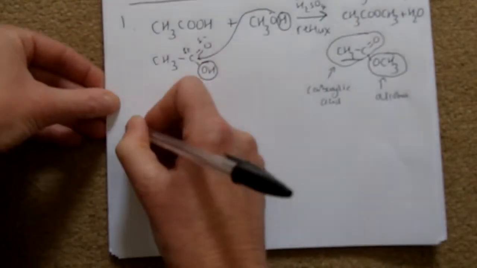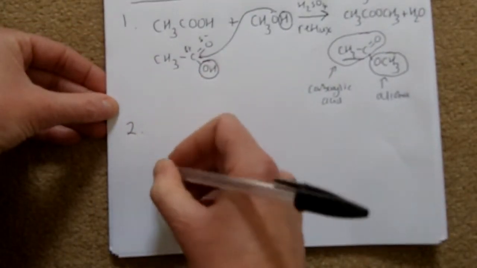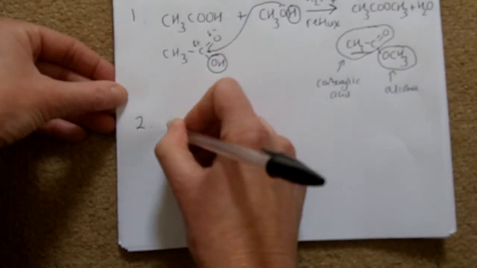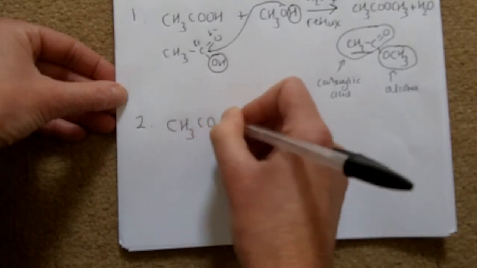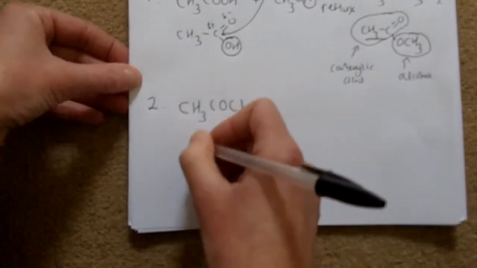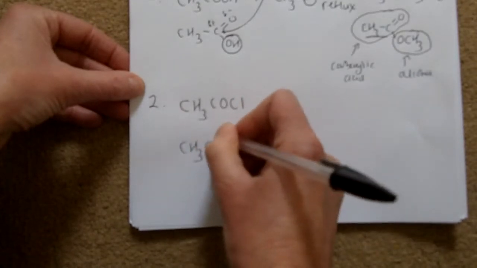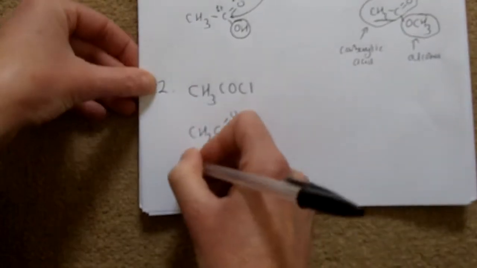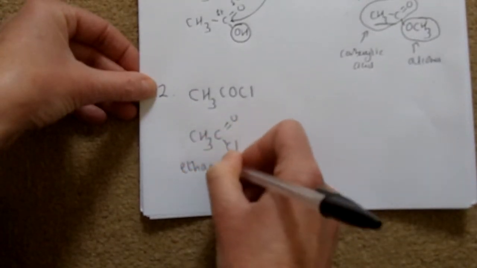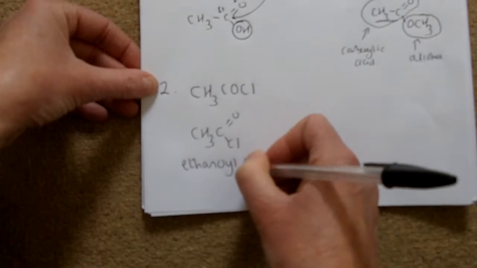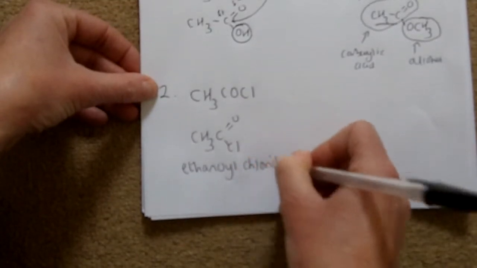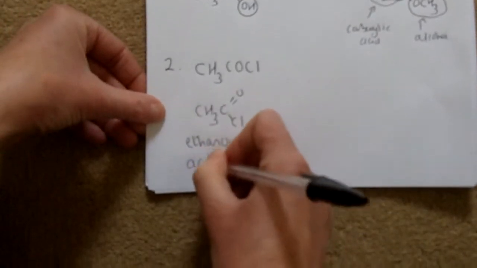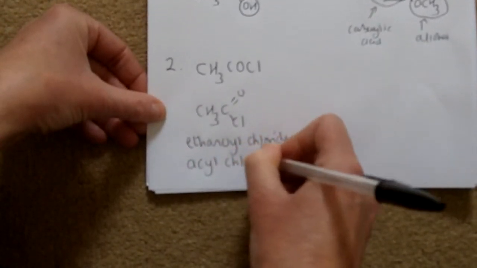The second way to make an ester is if you take an acid chloride. I'm going to draw it out as well. This one's called ethanoyl chloride. The functional group is called either an acid chloride or an acyl chloride. It can be called either.